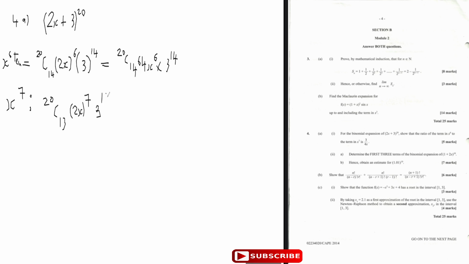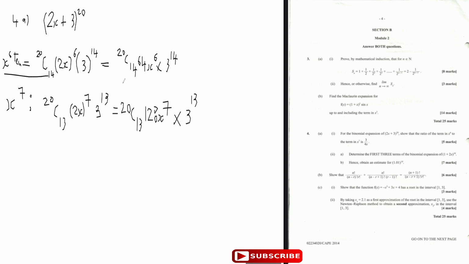All right, that's going to equal 20 choose 13, 2 to the 7th is 128, so that's 128 x to the 7 times 3 to the 13. To find their ratio, you're going to do a division of these two terms.